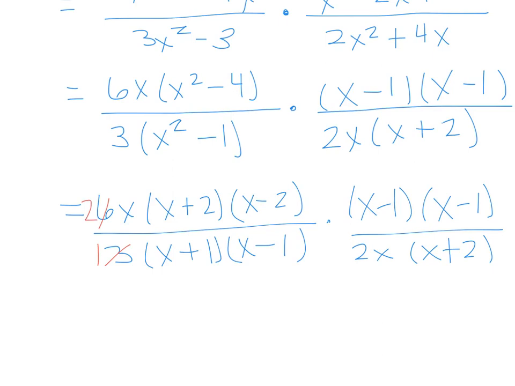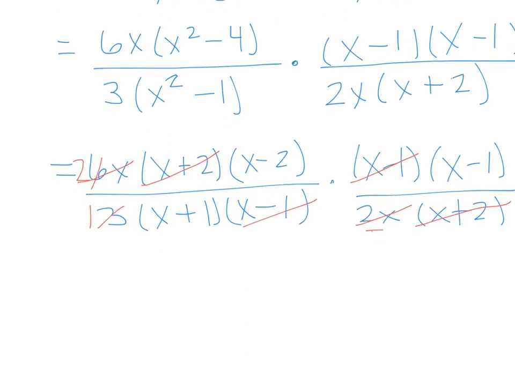And now if we compare that to the 2x in the denominator over in the other rational expression, the 2x will cancel with that 2x, so those go away. We have an x plus 2 here and an x plus 2 here, so those will cancel. And we've got an x minus 1 here and an x minus 1 here. I think that is everything that will cancel.